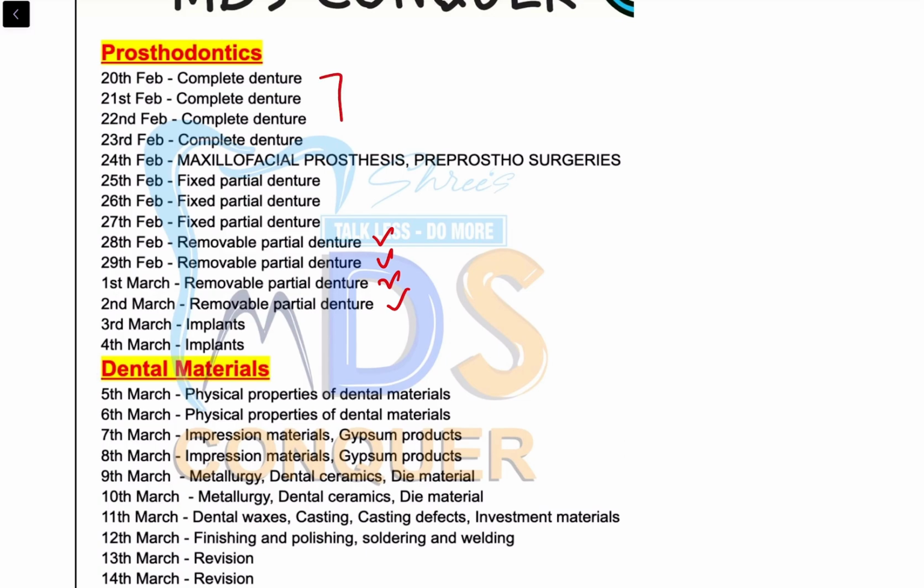So what I have done is I have allocated 4 days for your CD, followed by 1 extra day for your pre-prosthetic surgeries as well as maxillofacial prosthesis. Why I want to add a 3-star to maxillofacial prosthesis is, after COVID-19, you see a larger number of mucormycosis cases.